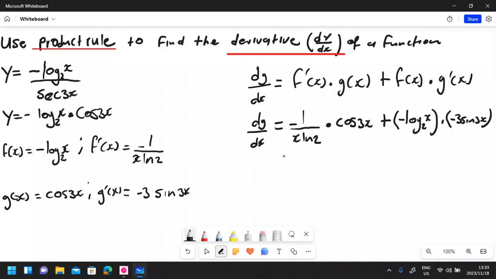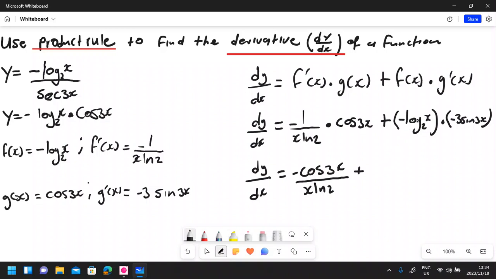All right, so from here we just multiply and we simplify. So let's do it, guys. If we say negative 1 multiplied by cos 3x, this is going to give us negative cos 3x over x natural log 2. Now as you can see here, we have negative and negative multiplying each other, so this is going to be positive, right?